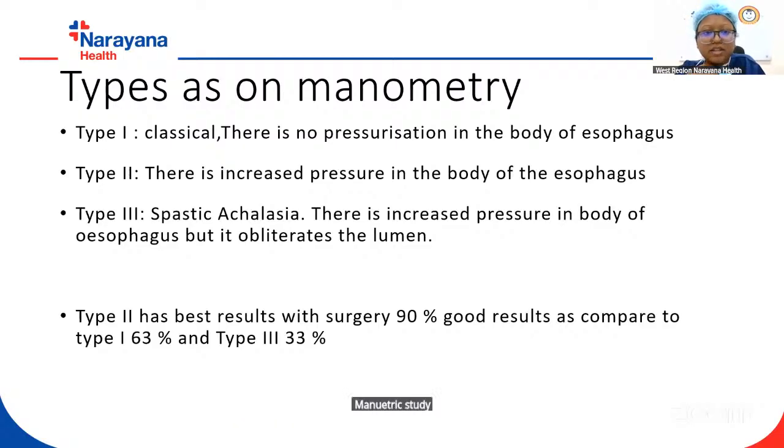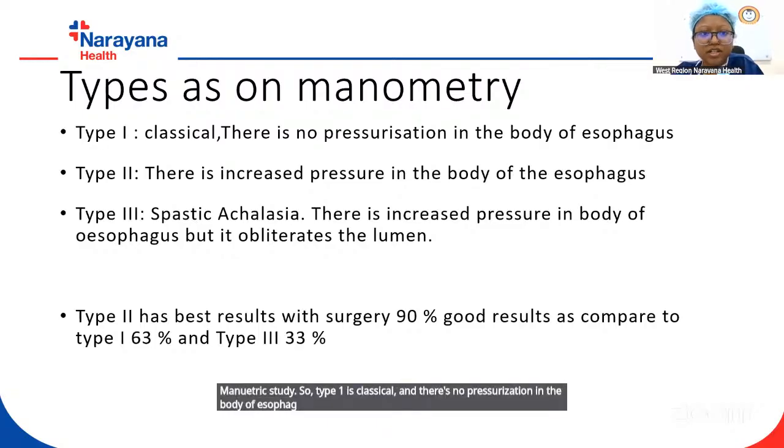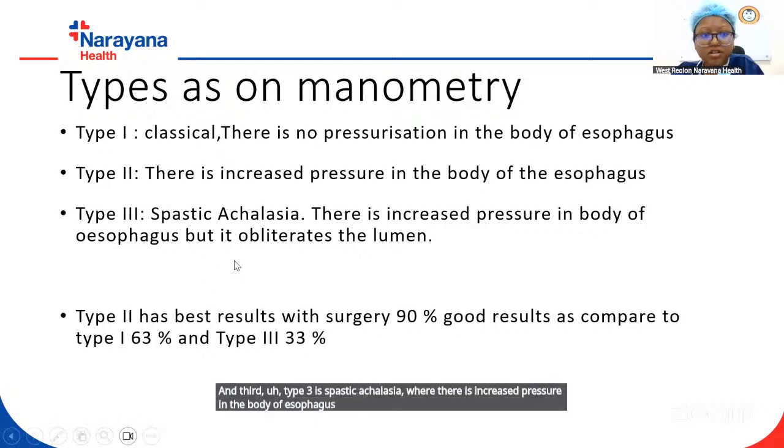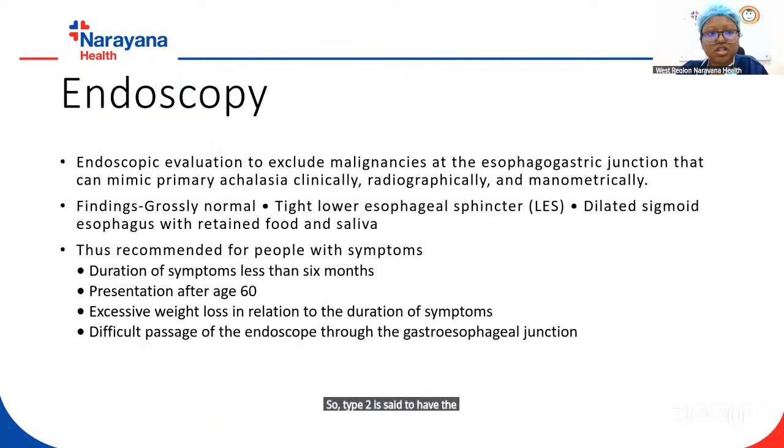Type 1 is classical, and there is no pressurization in the body of the esophagus. Type 2, where there is increased pressure in the body of the esophagus. And type 3 is spastic achalasia, where there is increased pressure in the body of the esophagus, but it obliterates the lumen. Type 2 is said to have the best results with surgery.